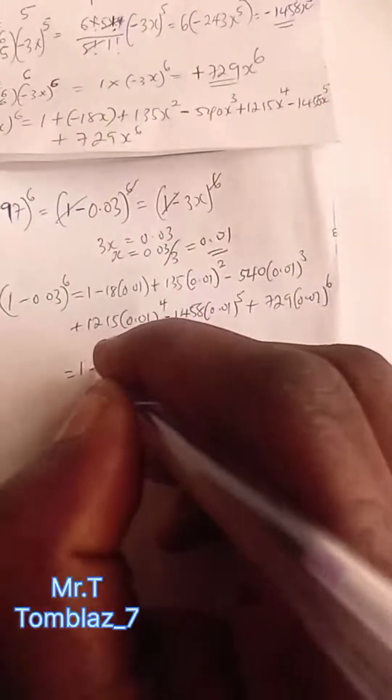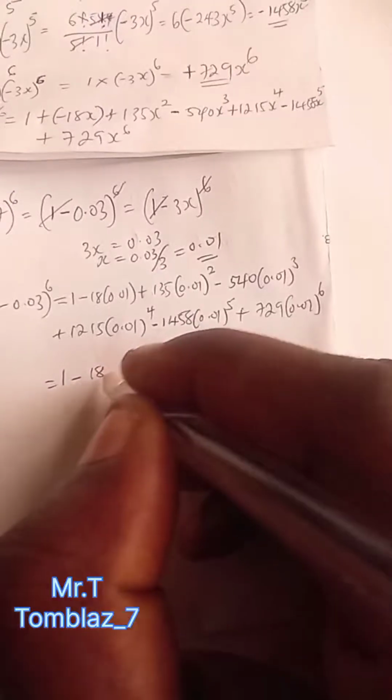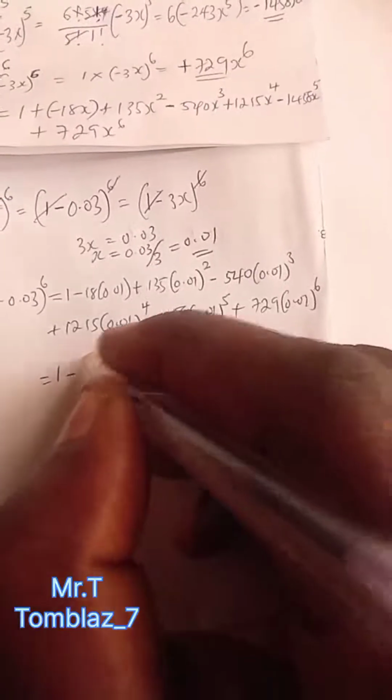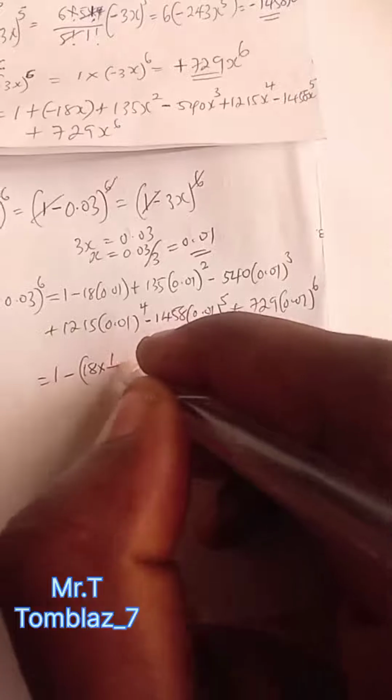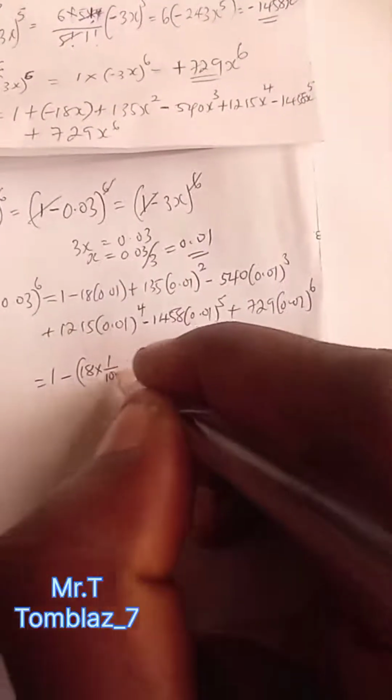So that's how we're going to be doing the substitution. So this is going to be 1 minus. Now let's solve this value. This value means 18, right, times 1 over 100, right?